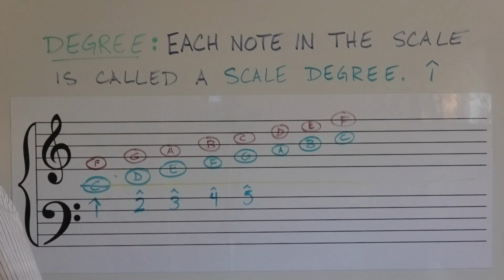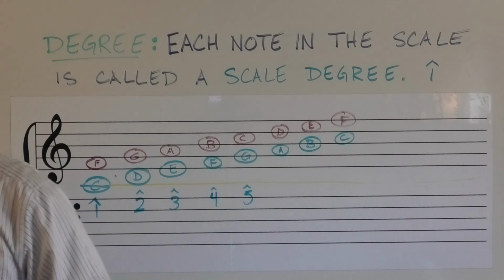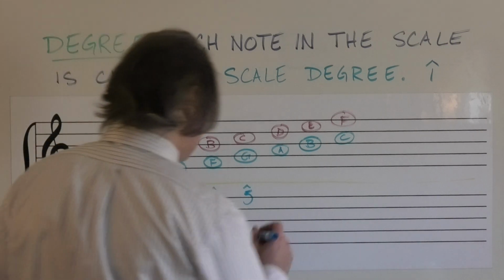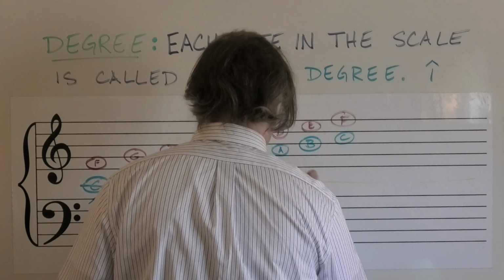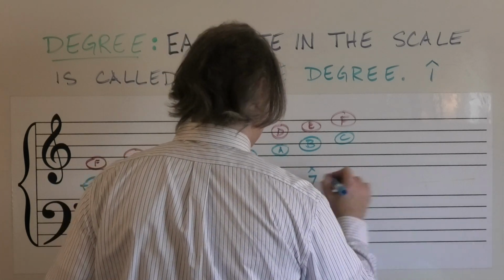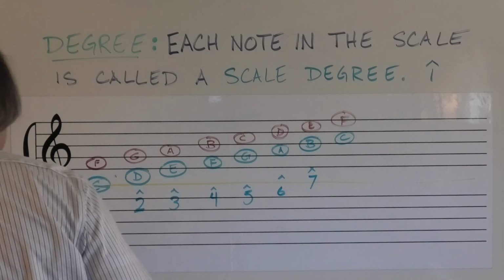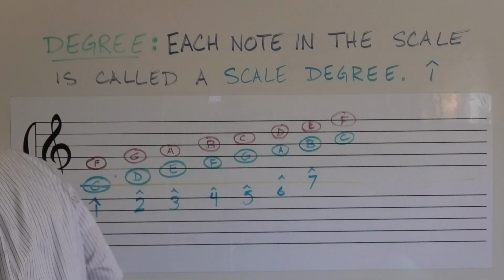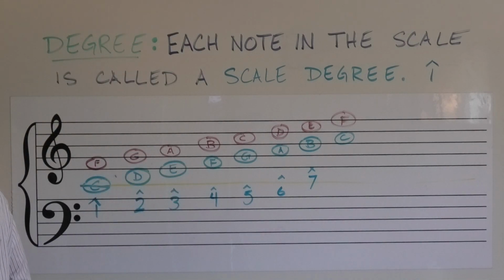A is scale degree 6. Just do the best you can. B is scale degree 7.